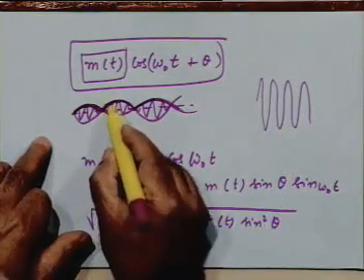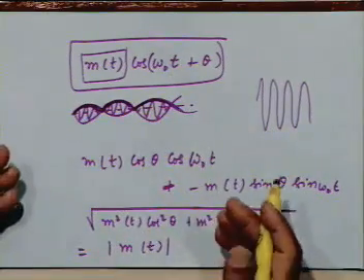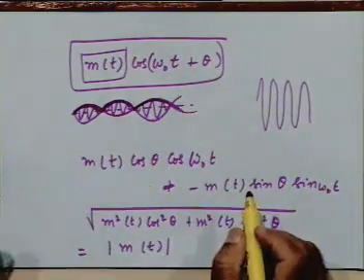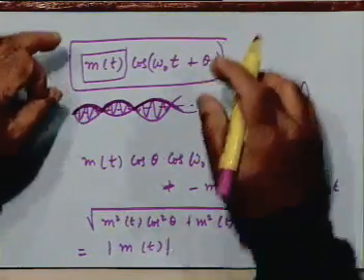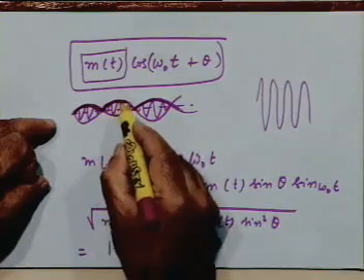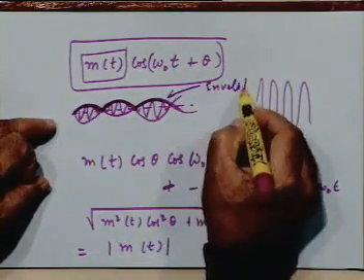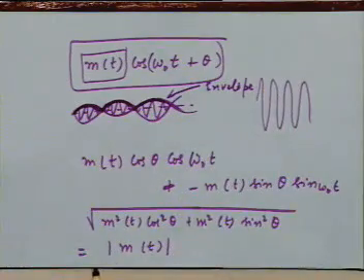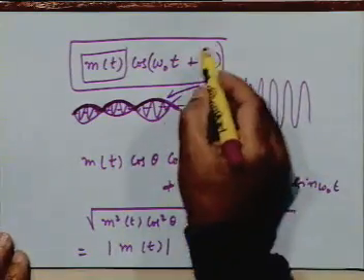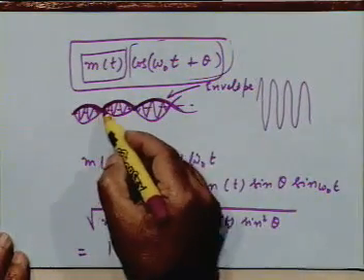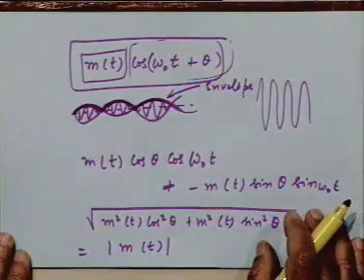That we call the envelope function of such a signal. So you have actually a bandpass signal here, and there is a concept which you can define here, which you can call the envelope of a signal. The envelope of a signal is a trace of the peaks of the sine wave that you are working with. If you trace out the peaks of this, that forms the envelope of the signal, right?